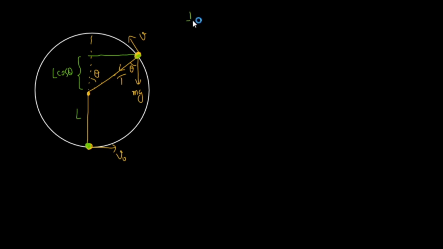So I can say initial energy half m V naught square gets converted into half m V square plus mg (L plus L cos theta).